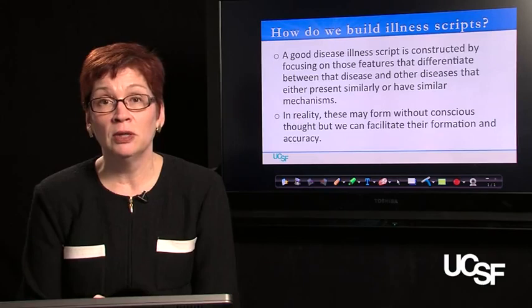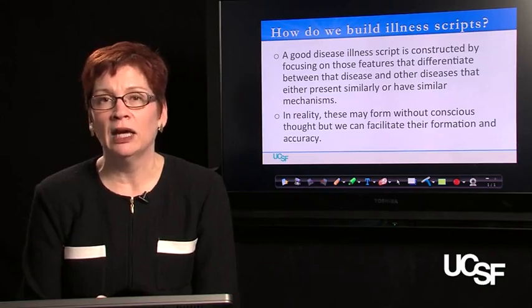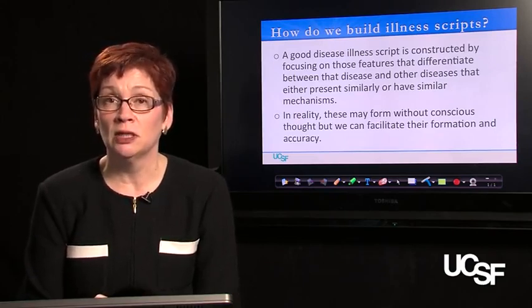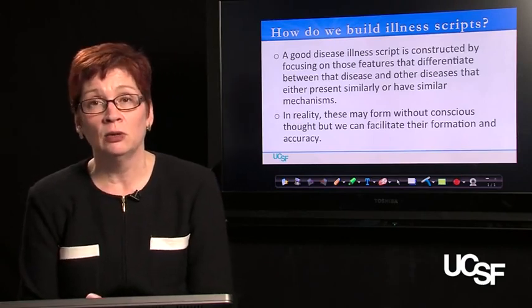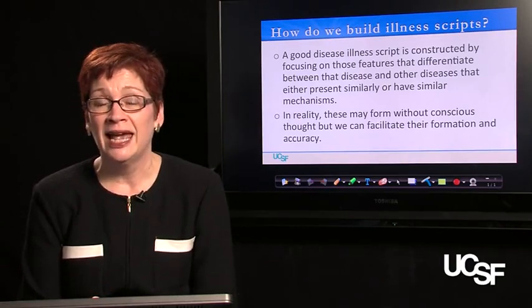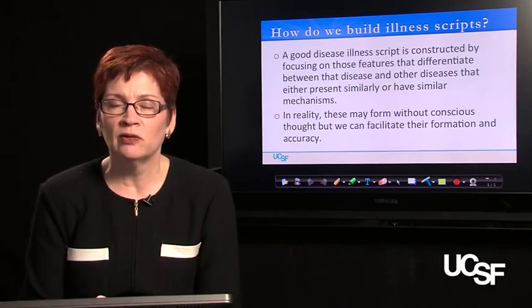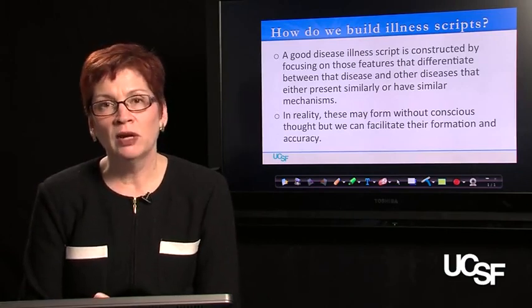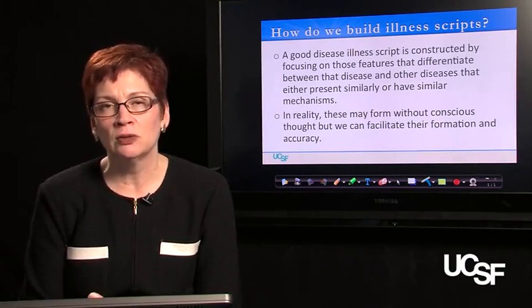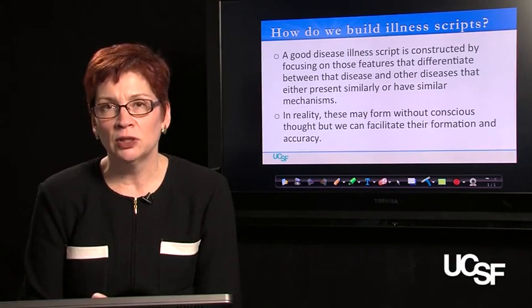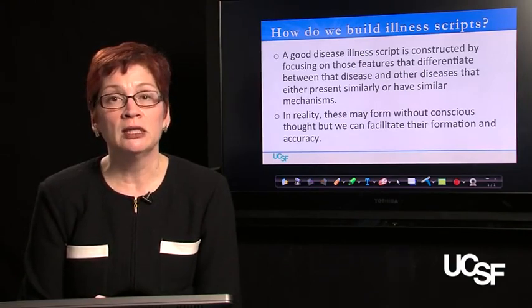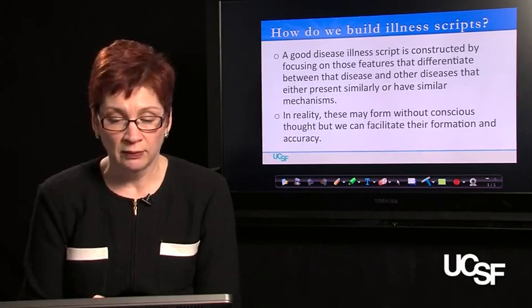We know that there are 3, at least, diseases that might cause sore throat in a 15-year-old. One would be strep throat, another would be mononucleosis, and a distant third might be acute retroviral infection. So we want to focus, as we learn about each of those 3 diseases, on important features that will allow us to differentiate between those diseases when we're considering them in a patient with sore throat.